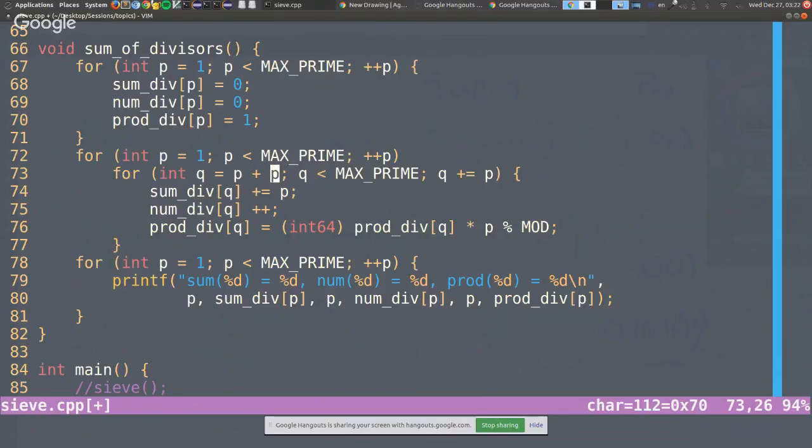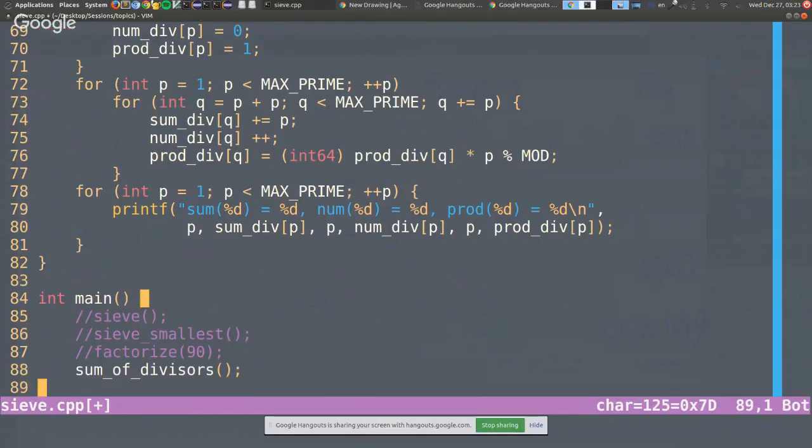So we don't find q as a multiple of p. P is a multiple of q, and so we're not including p as the divisor. So here we are just using the proper divisors. We don't include p itself. So I hope this part is clear. You can send me if you have any questions.